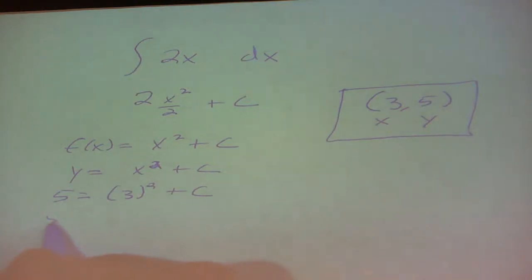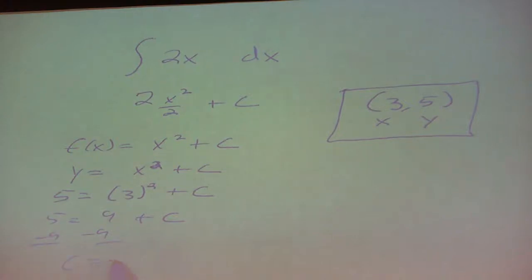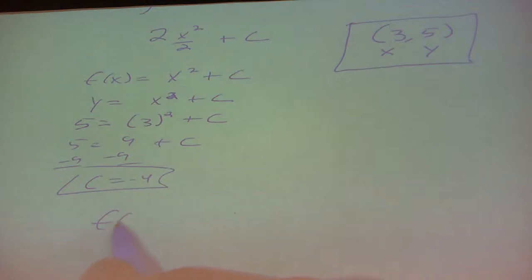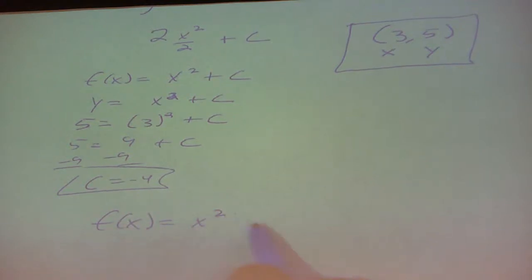So we get 5 equals 9 plus c, minus 9 both sides. C equals -4. So my final answer is x squared minus 4.